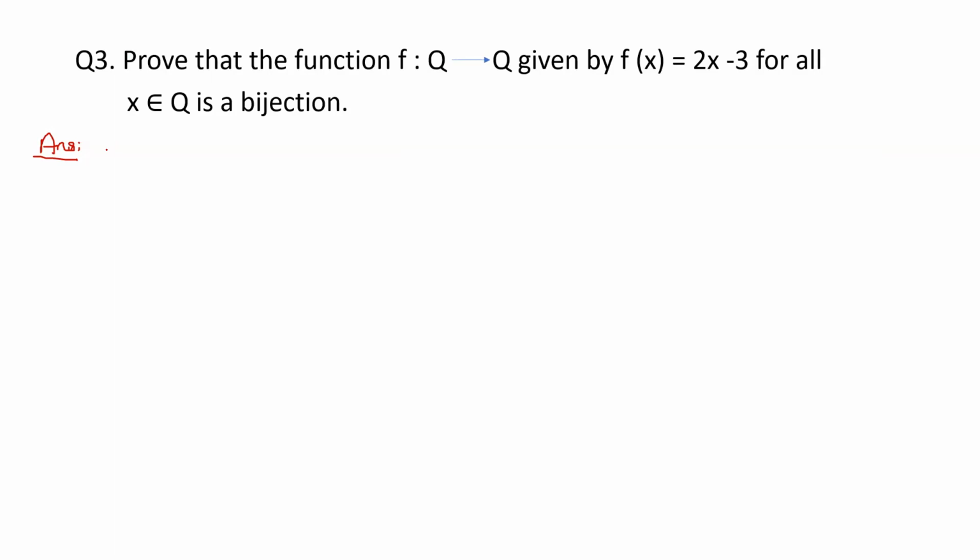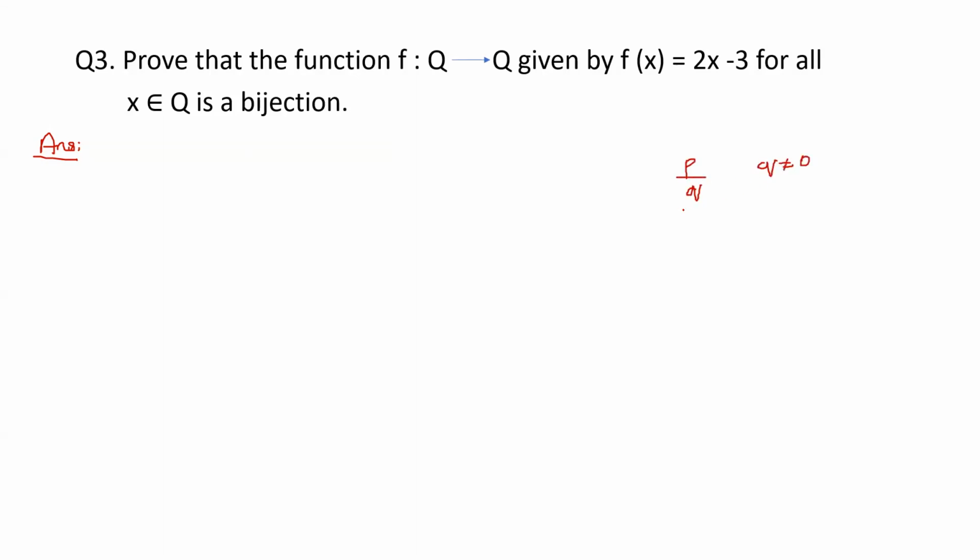Q means rational numbers. Rational means the numbers which are in the form p by q, where q is not equal to 0.